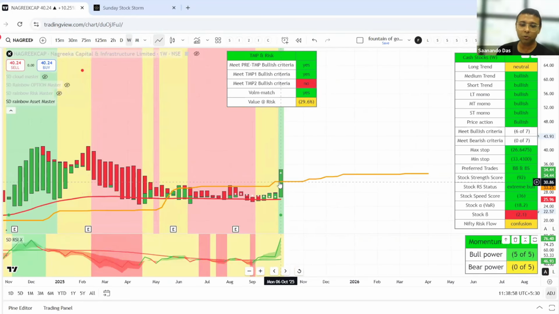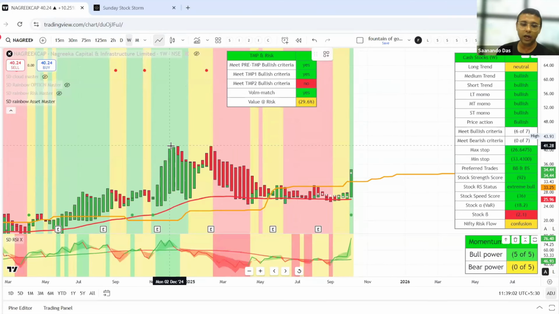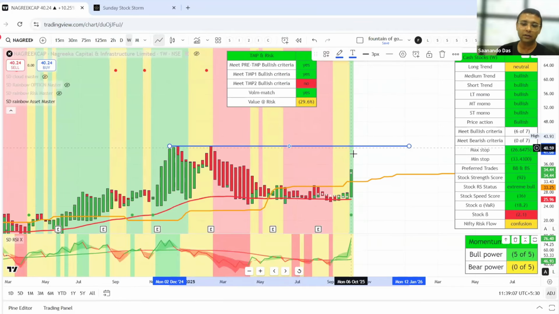As the candle has broken a flat area, there is a good chance that it will not be able to break the next resistance. And if it cannot break the next resistance, it will go range bound. So initially, if I have to go into this stock, I will go with some quantity.